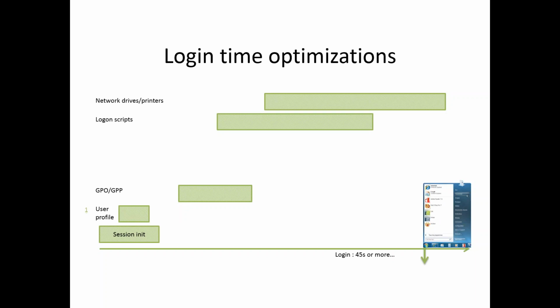So what it does is it does the user profile more overlapping with the session initialization. With the IOPS, CPU, and RAM optimizations, it really helps with bringing that in. The GPOs and GPPs, those are all being done from a user level now through the Workspace Environment Management system. So it's coming from a SQL database, so it speeds that up. Asynchronously, it also runs all the login scripts simultaneously. So up to 99 separate threads, right?